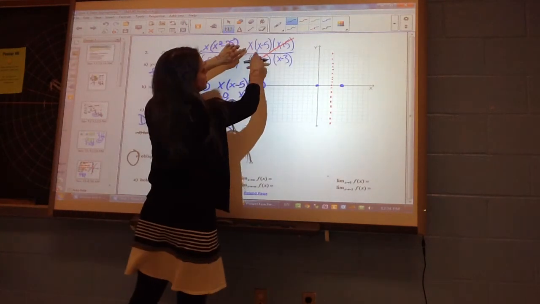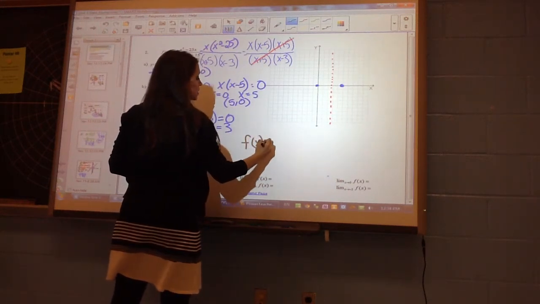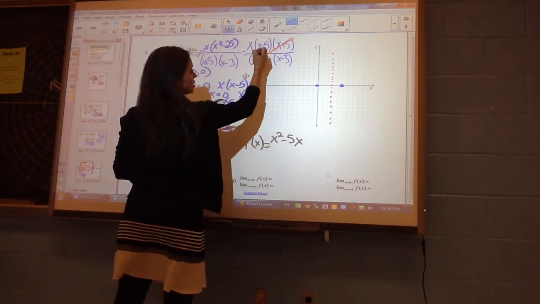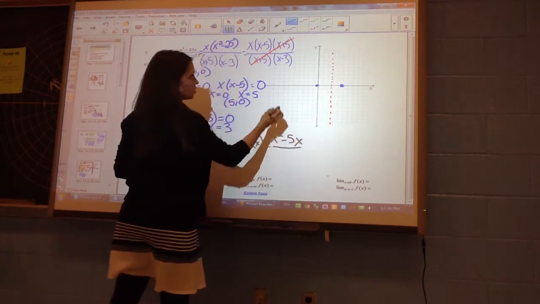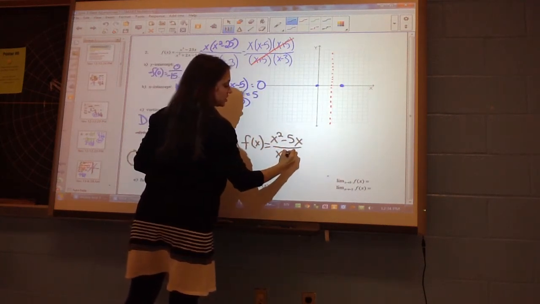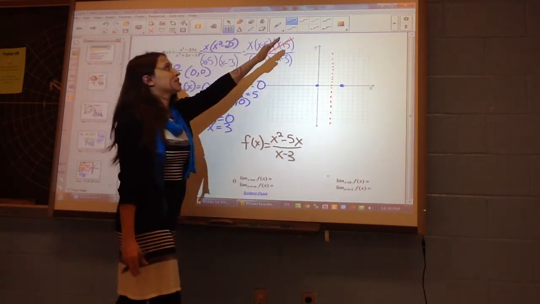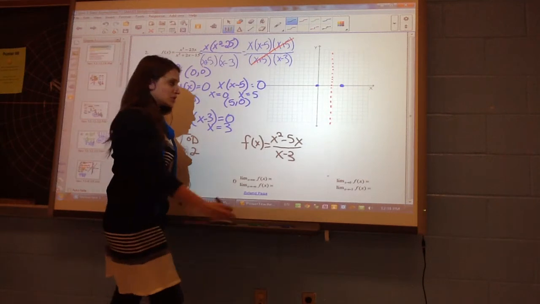Notice, if I redistribute this x, I'm going to get my function equals x squared minus 5x, all over x minus 3. This is the same function, it's only simplified because I crossed out my like factors. Now I can do synthetic division.